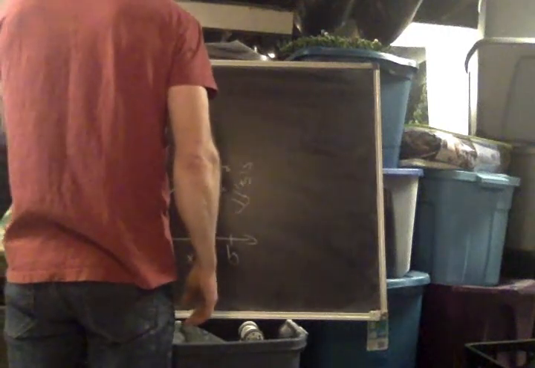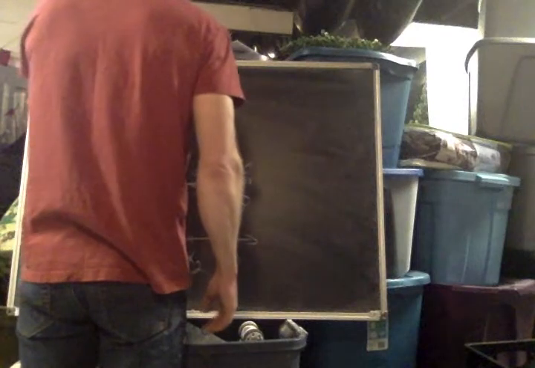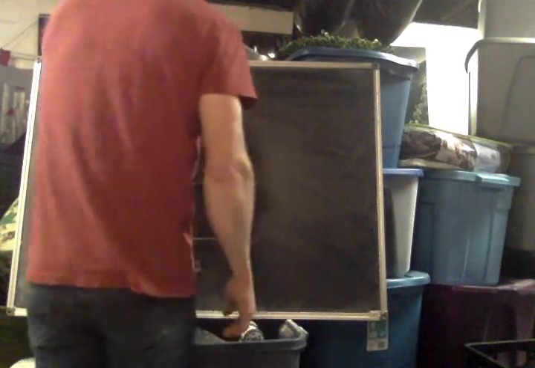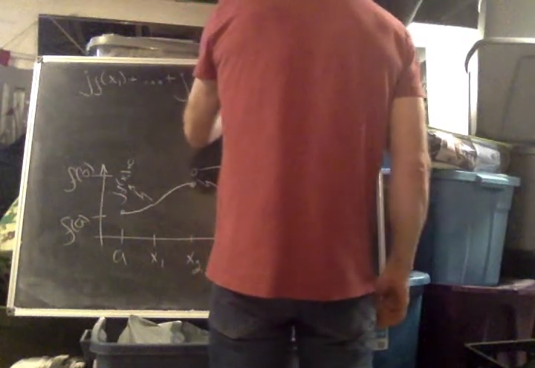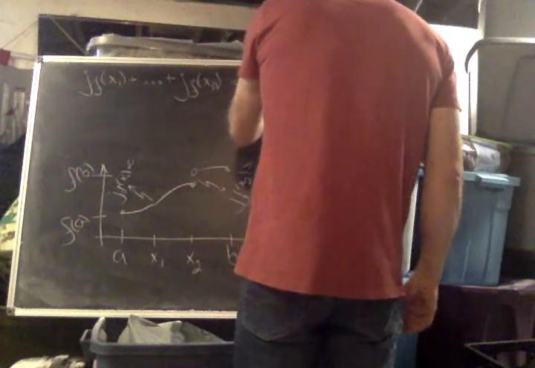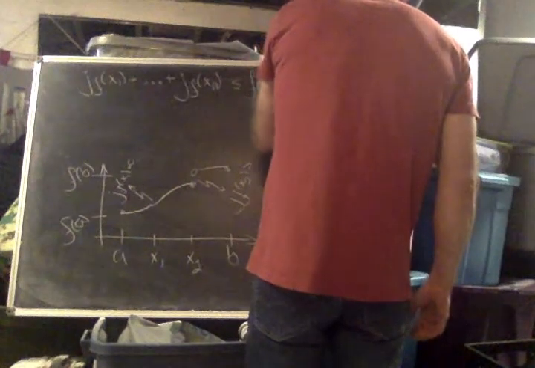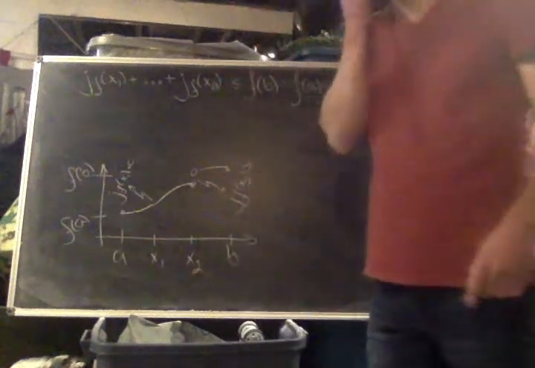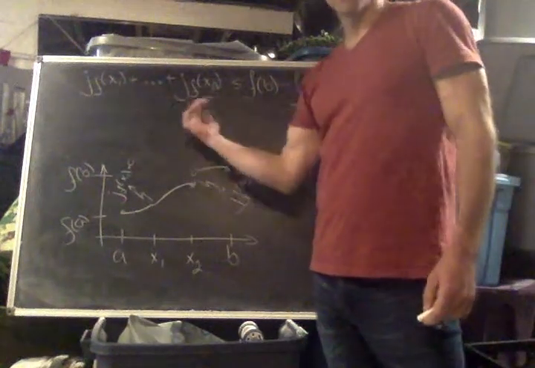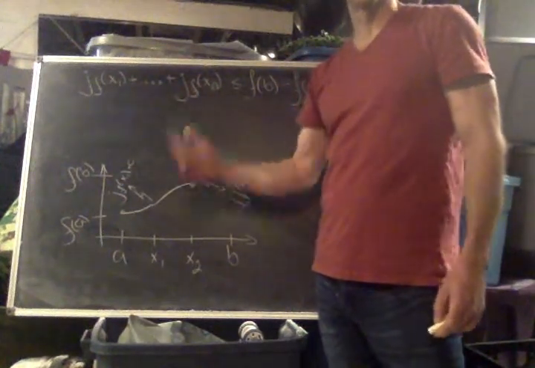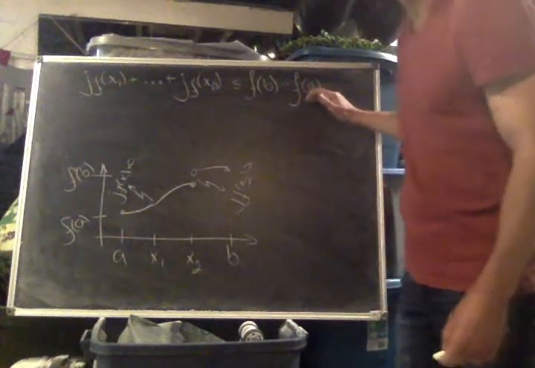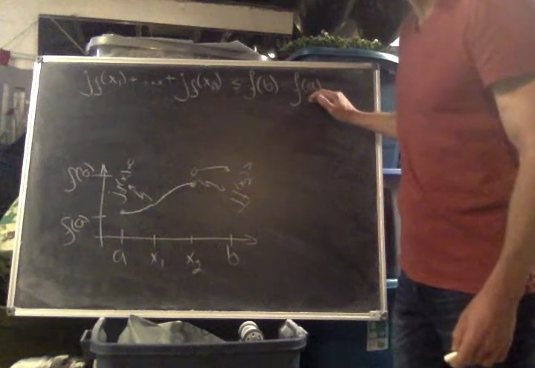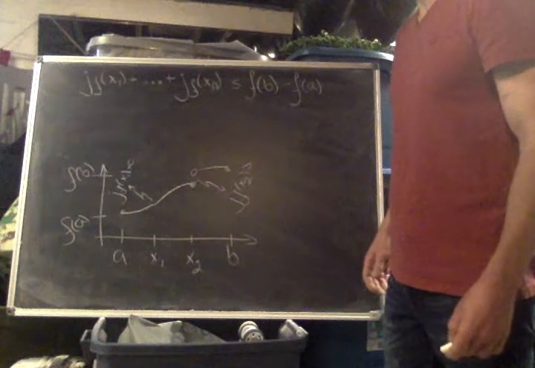So this means that j_f at x1 plus all the way up to j_f at xn is going to be less than or equal to f(b) minus f(a). So what this is saying is, no matter how many different finitely many points you choose from the interval, if you add up all the jumps at all those points, it's always going to be less than or equal to this fixed number, f(b) minus f(a). Okay?